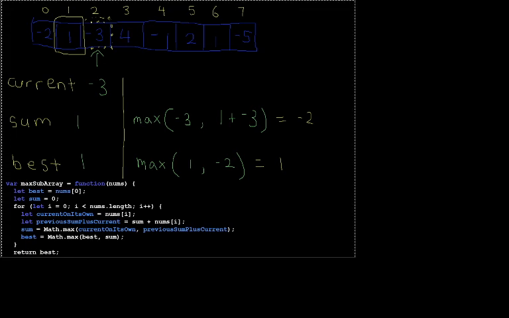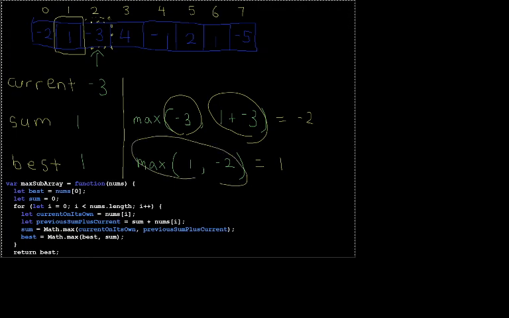It's either the maximum of the current number or the previous sum plus the current number. Obviously it makes sense to continue to use the previous sum along with it, and we continue the same thing here for what ends up being best.